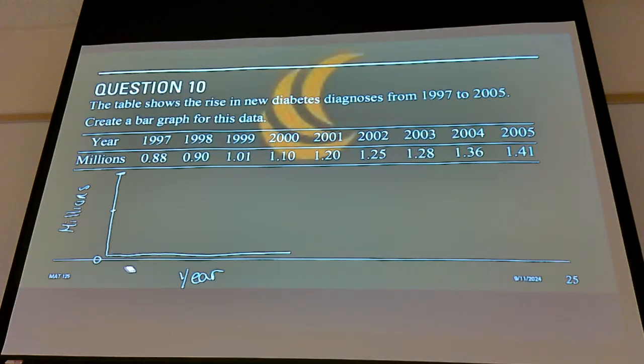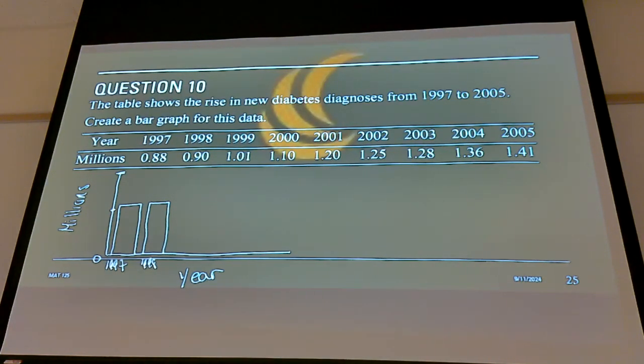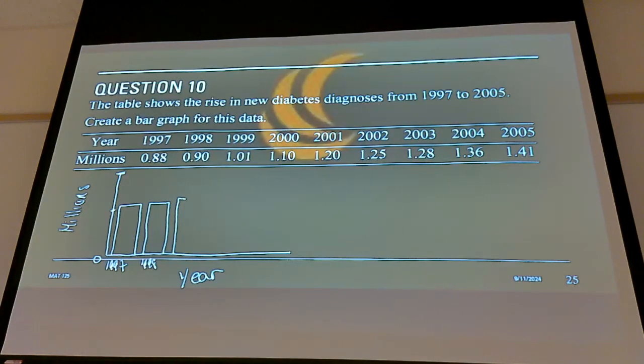Let's do something like that. 98 would be a little over 0.88, almost here, very slightly over. 1.01. All right, and I'm just going to do this, so on and so forth. All right, you get the idea.